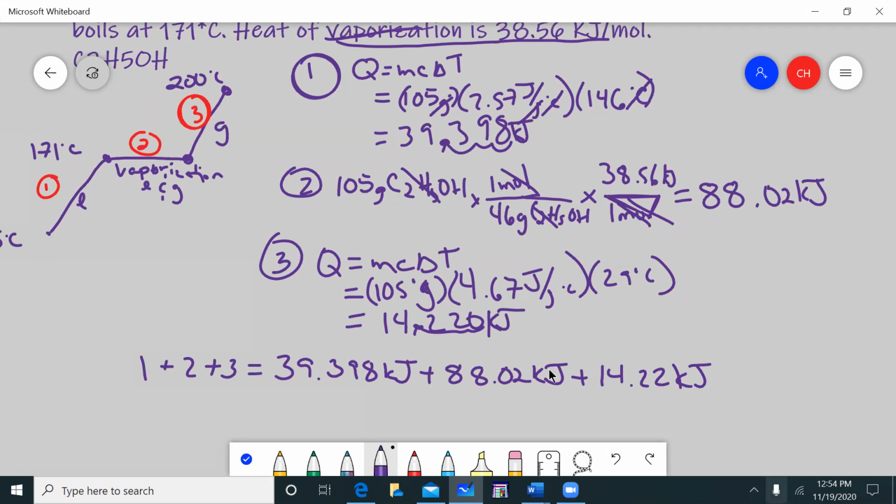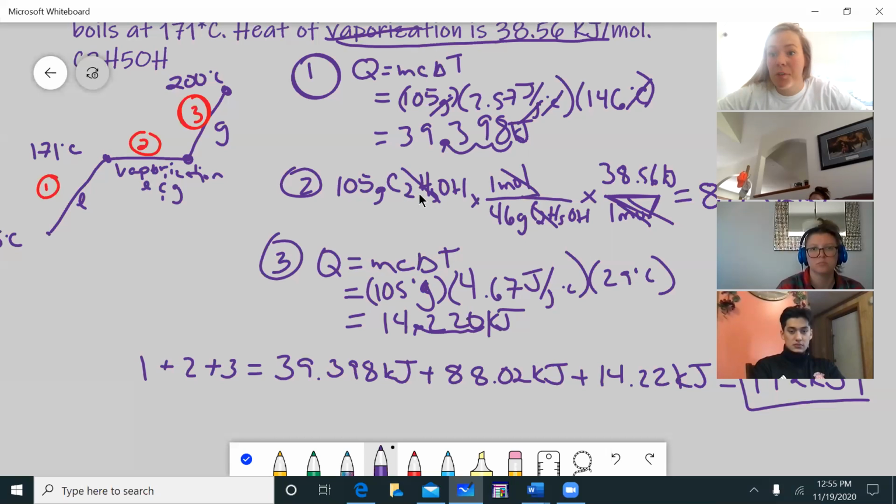Right, and we end up with 142 kilojoules. So to move through this entire process would take 142 kilojoules. Any questions on that?